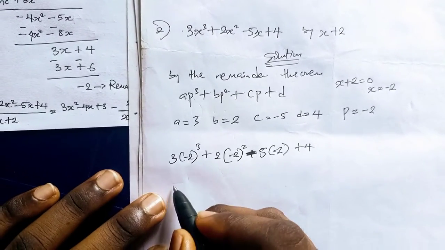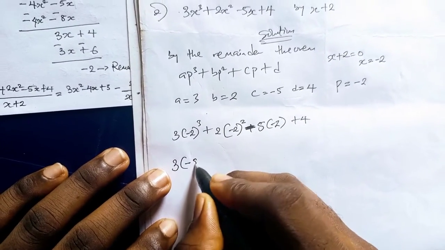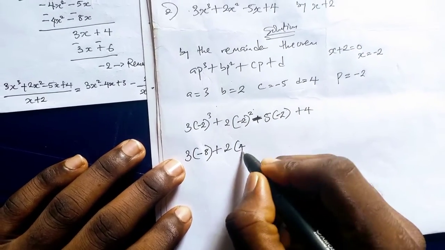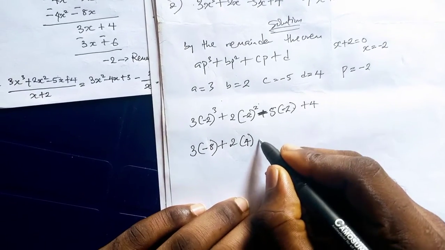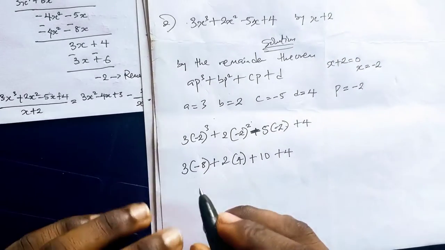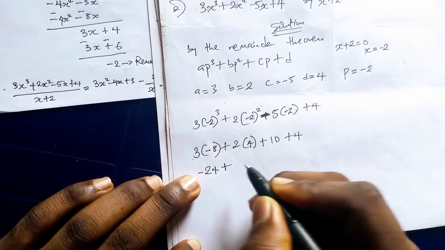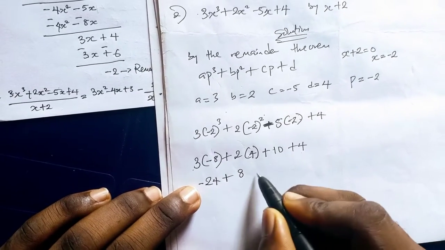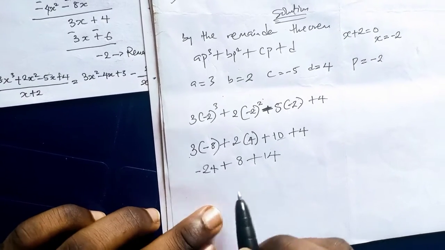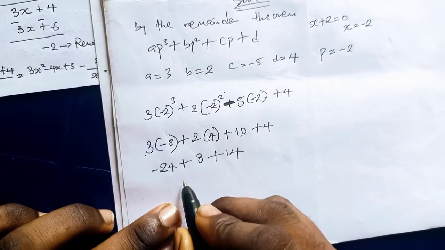Now this will give me negative 24 plus 8 plus 10 plus 4. Positive 8 plus 14 is actually 22.